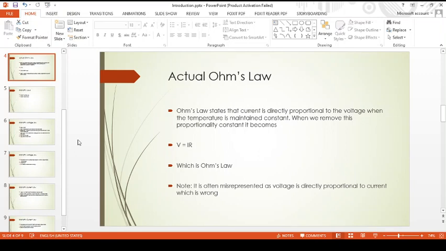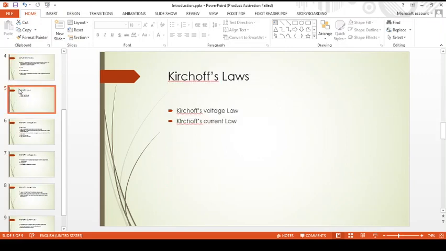There are two basic laws stated by Kirchhoff. One is called Kirchhoff's voltage law and the other is called Kirchhoff's current law. These are the two very fundamental laws.